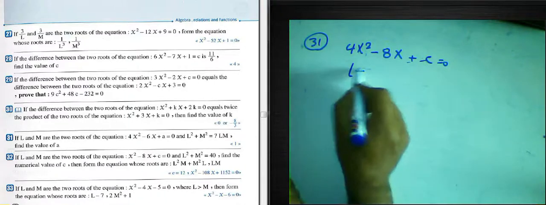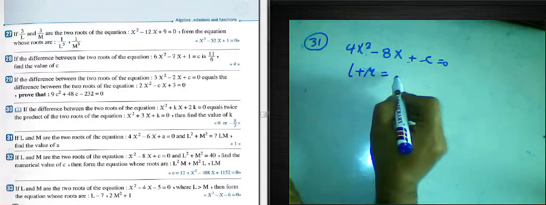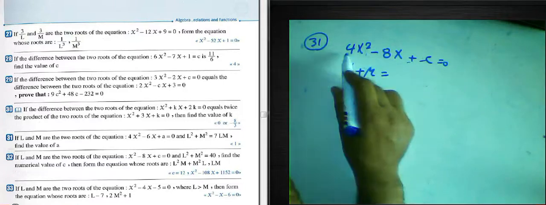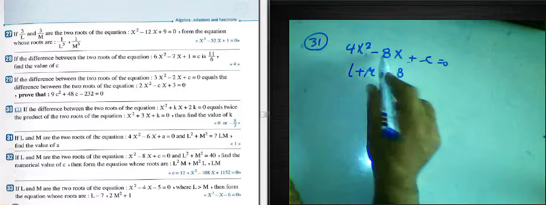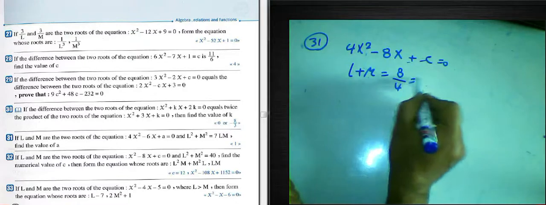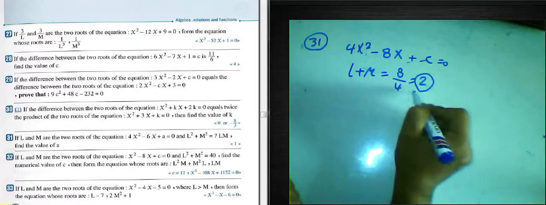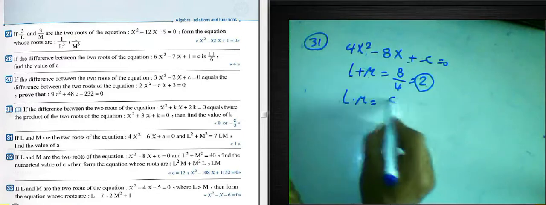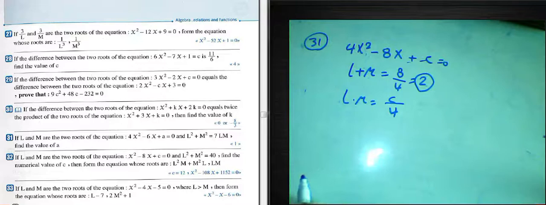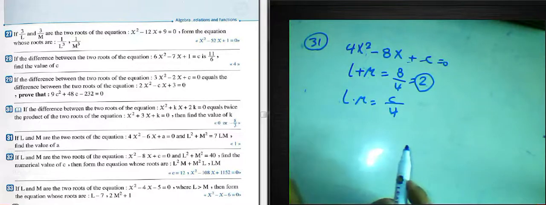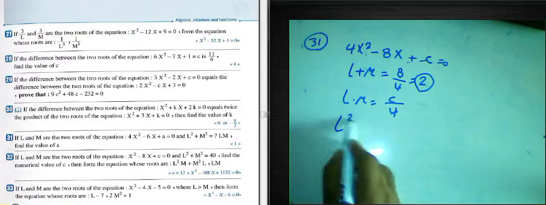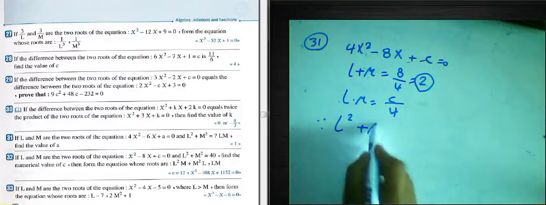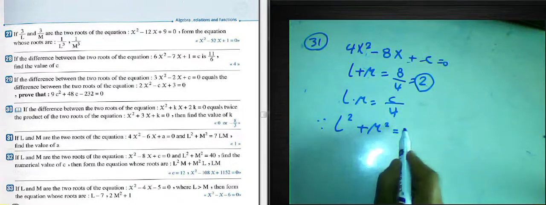Okay, L plus M equal 8 over 4, negative negative positive, equal 2, and we know L product M equal c over 4, and they give us L power 2 plus M power 2 equals 7LM.